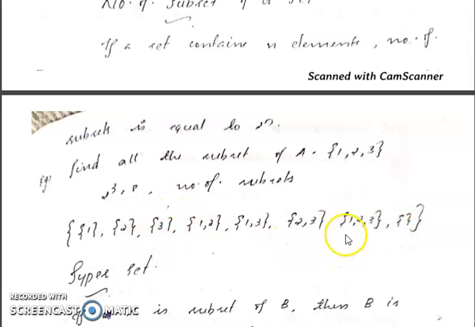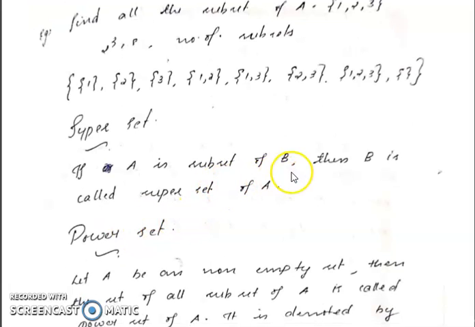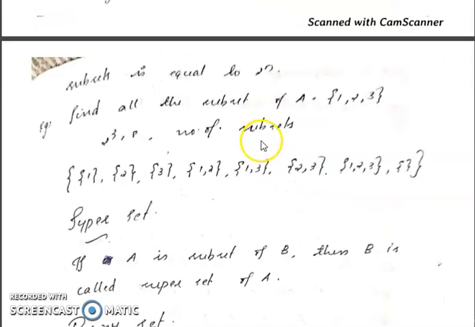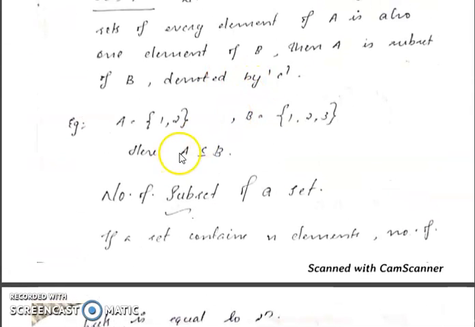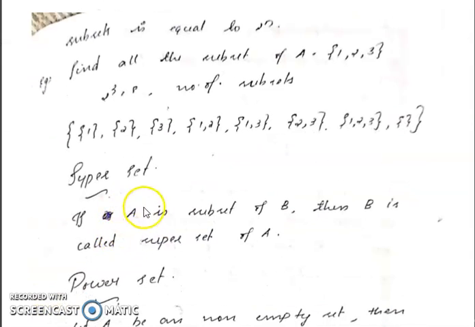Totally we have 8 subsets here. Then superset: if a set A is a subset of B, then B is called a superset of A. The larger set is called the superset.